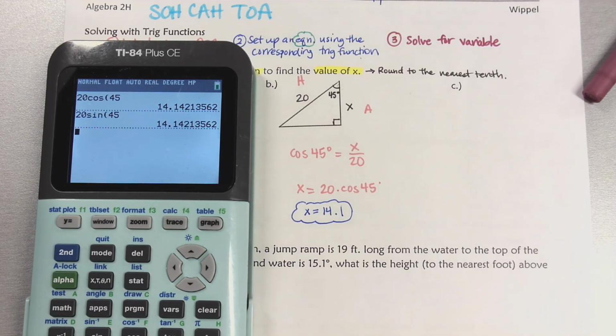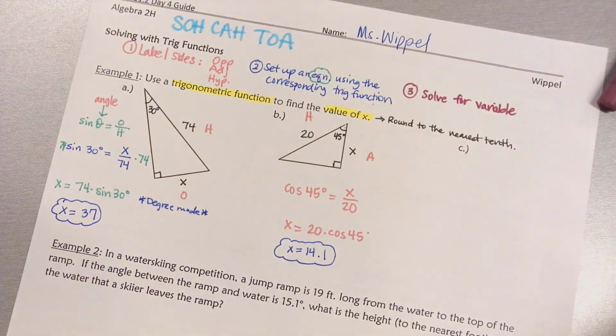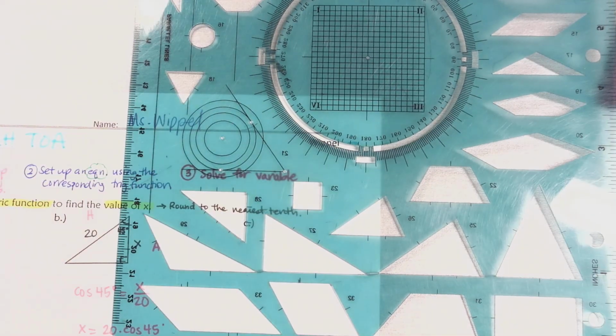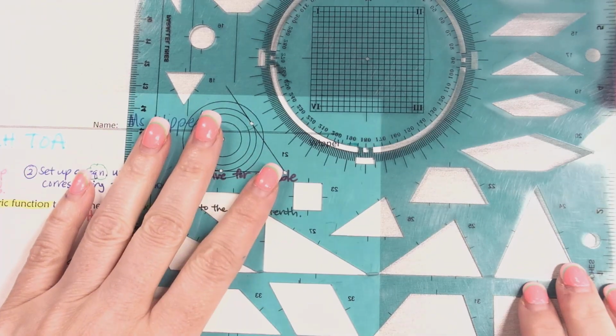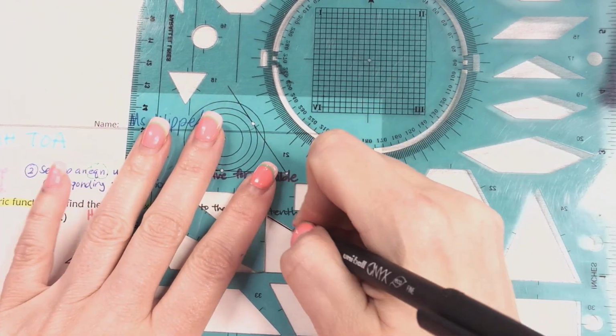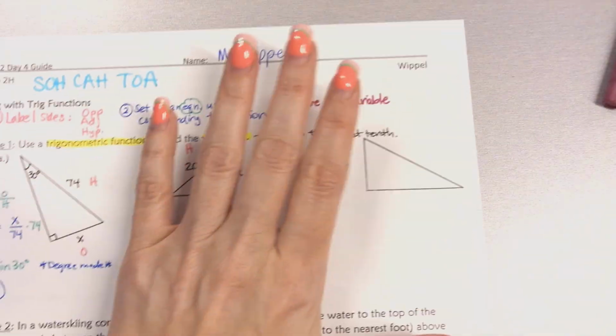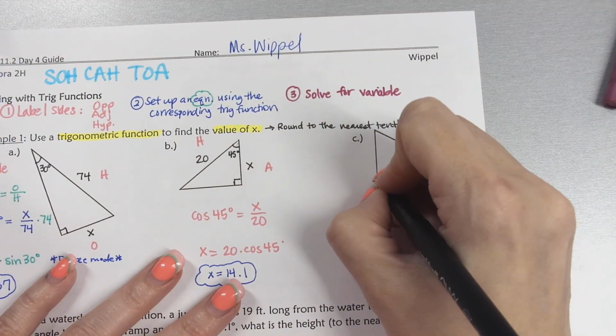Alright, and then we're going to do one more time. Okay, so we're going to draw a right triangle.